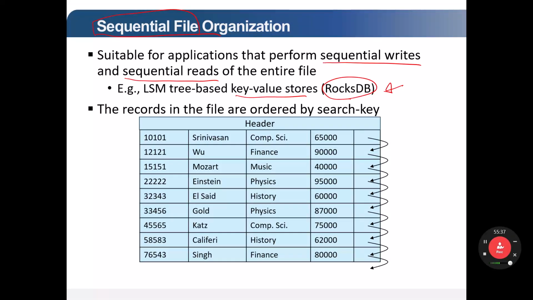Unlike a heap file, a sequential file sorts data according to some key. In this example, the instructor's ID column is used to sort these records. These records are sorted by the ID of the instructor.